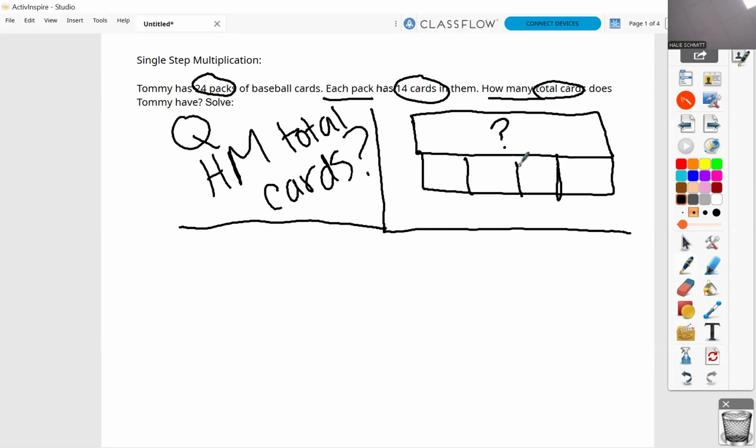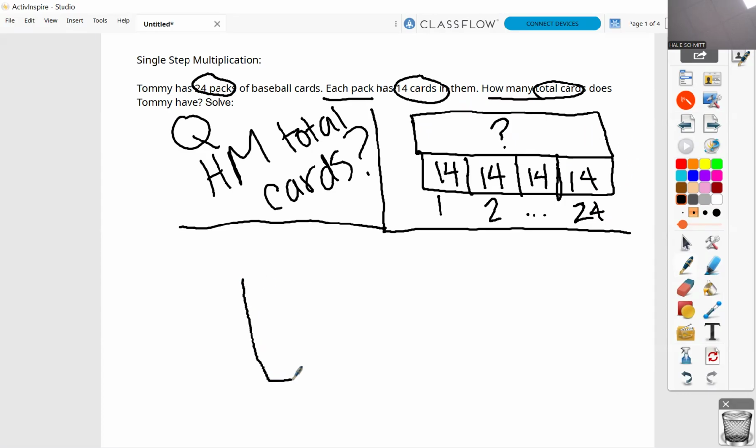So instead of drawing 24 boxes, I'm going to go 1, 2, skip a few, all the way to 24. Inside of each box or package is 14 cards. So we know that if we have two parts and we're missing a total, that it's going to be multiplication.